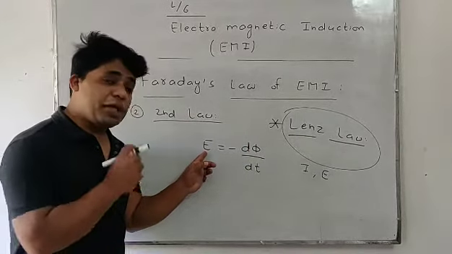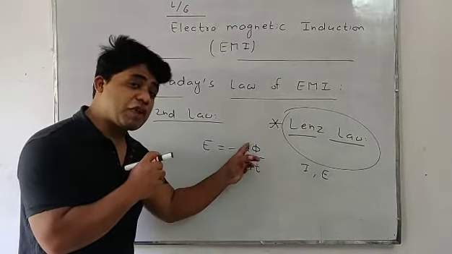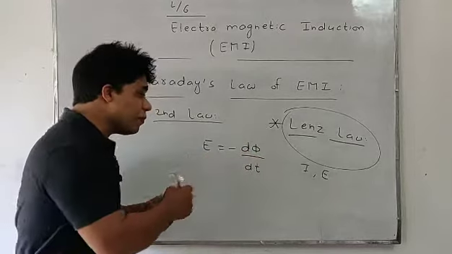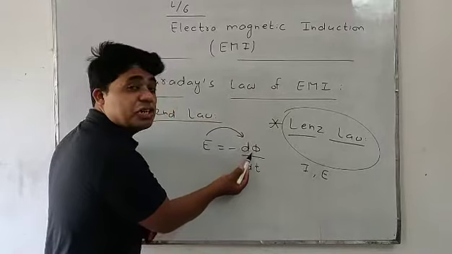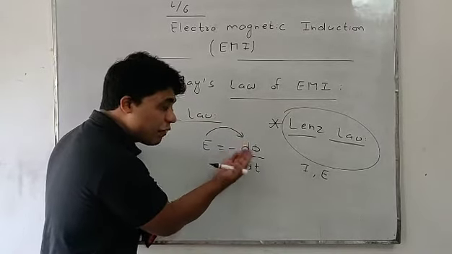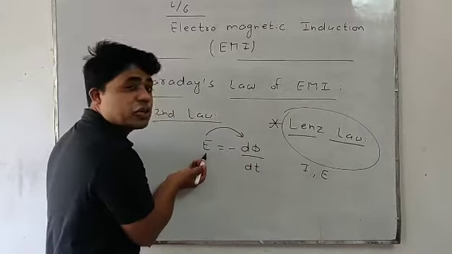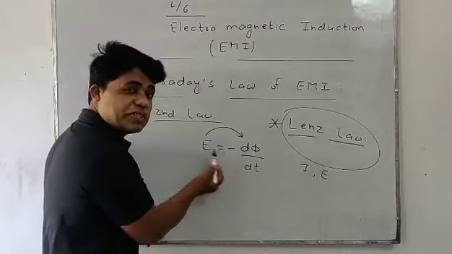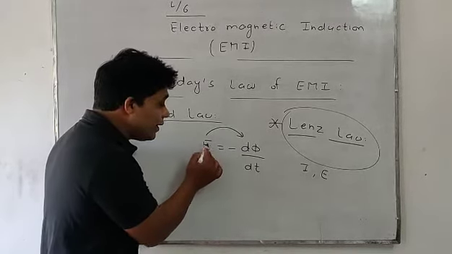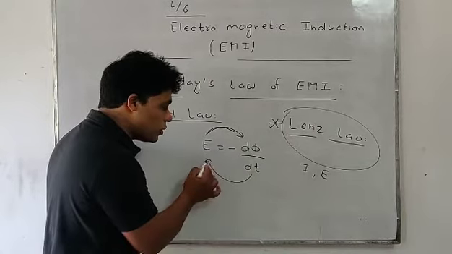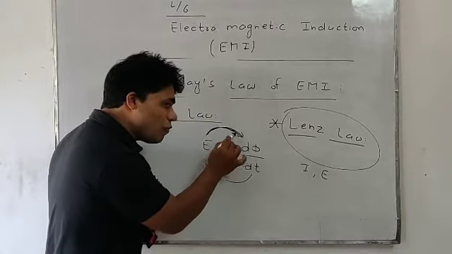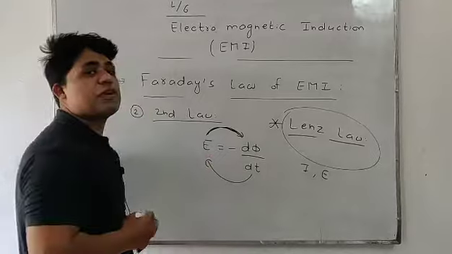It means EMF is always produced by the change in flux, and EMF will oppose that factor, the rate of change in flux, which is responsible for its production. Rate of change in flux produces EMF, and EMF always opposes the rate of change in flux.